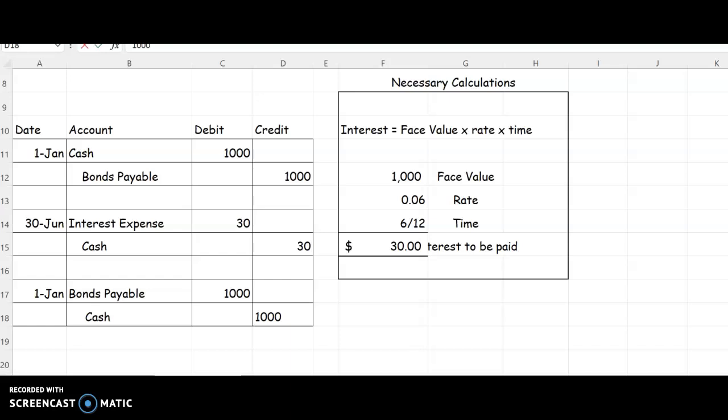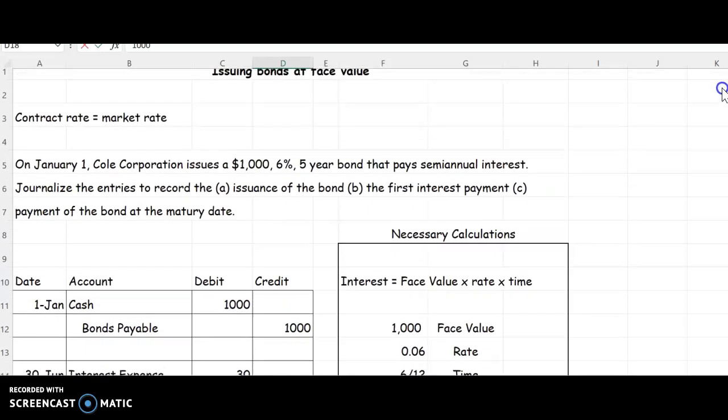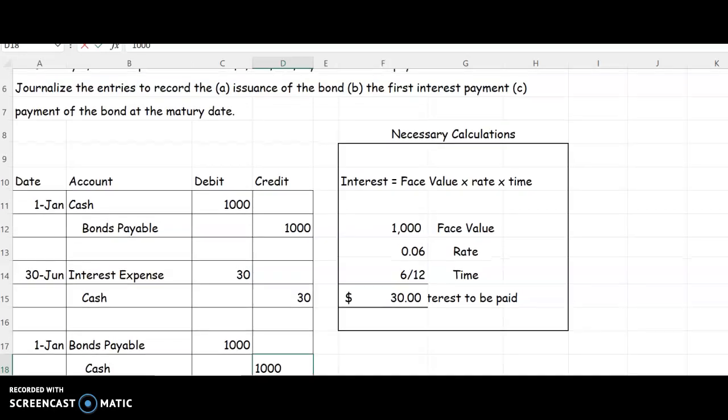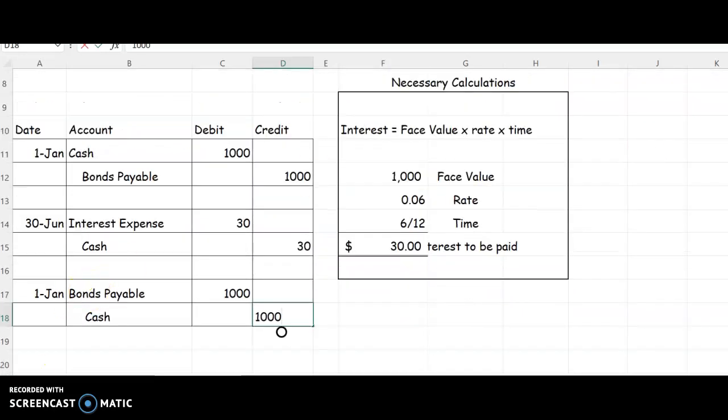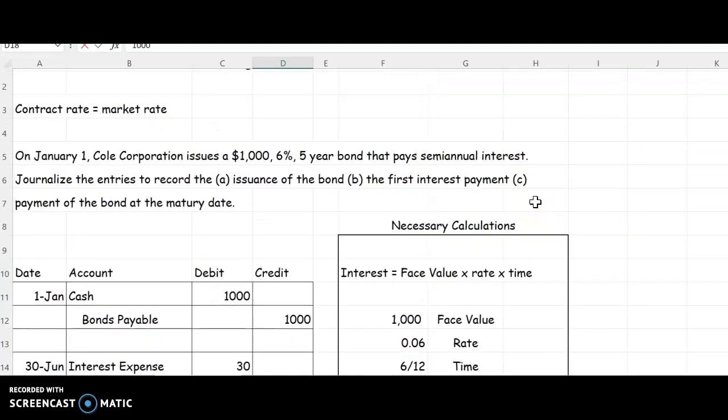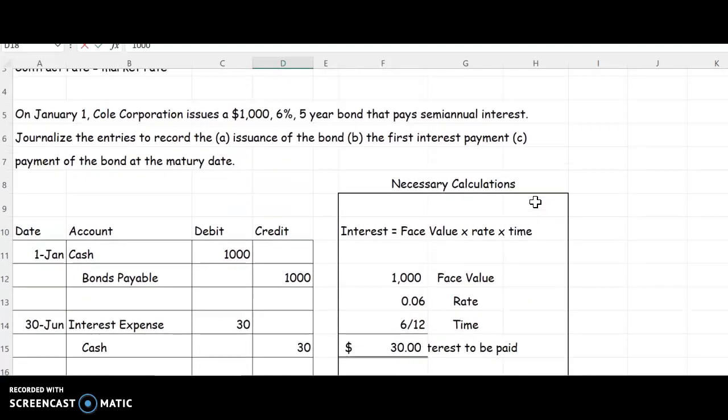If you can really get down the journal entries for the face value, then you will be able to understand the extra element of premium and discount in the other 2 videos. So if you can really get a good understanding of the basic entries at face value, this will help you when you add the elements of a premium and a discount.